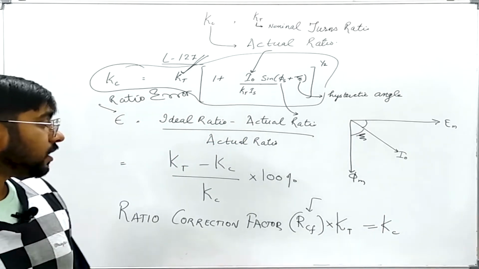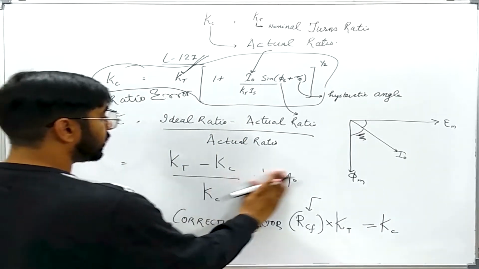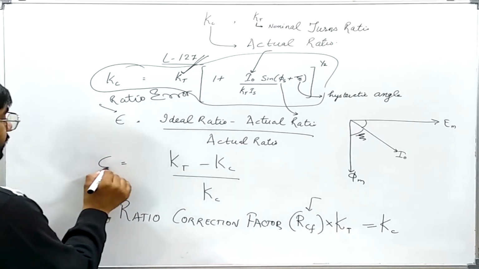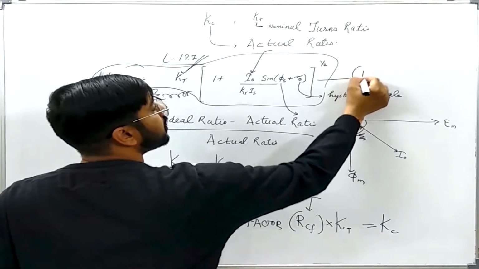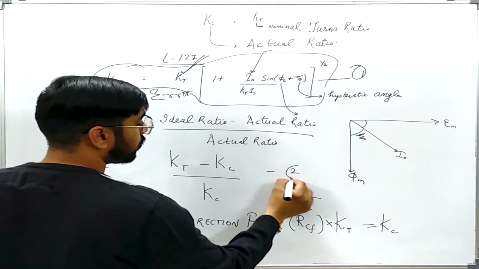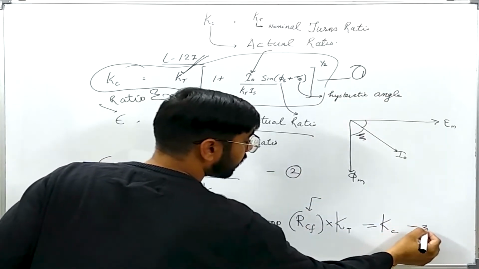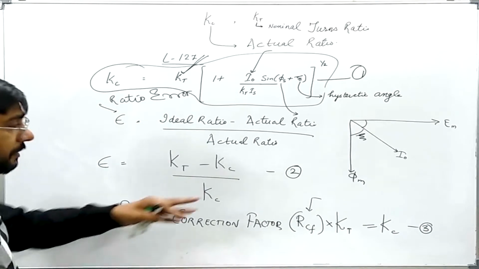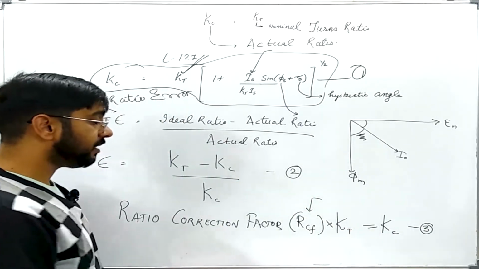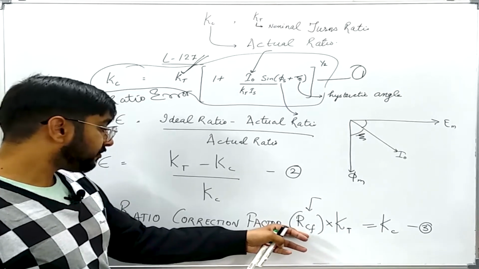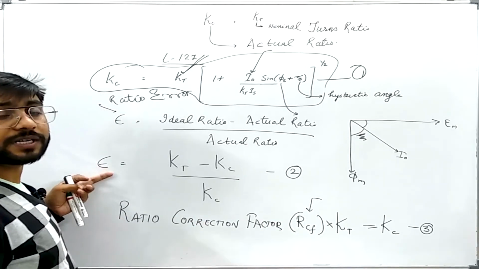Okay, now using this equation, let us say equation number, I will write this as equation number 1, this as equation number 2, and this as equation number 3. Now using equation 2 and 3, we will try to find the relation between ratio correction factor and the ratio error.